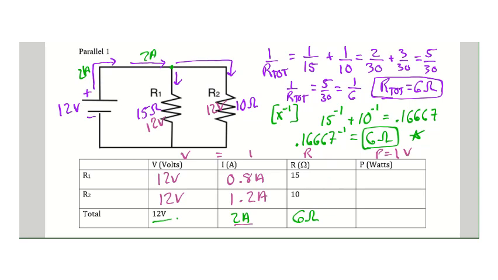We're now going to do the power check, and that works exactly the same way that it did before. So to find our power, we're going to take our 12 volts, and we're going to multiply by our 0.8 amps. And we are going to get 9.6 watts. Now you may have to keep 2 decimal places, especially depending on the fractions. In this case, it was just 9.6, but in future problems, you may have to round and keep 2 decimal places in order for the power check to actually come close and work.